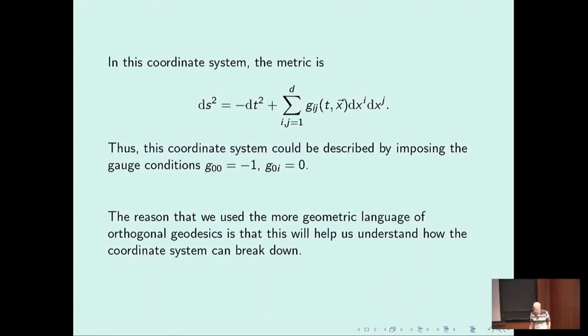But the more geometric language of orthogonal geodesics has the advantage of helping us understand how the coordinate system breaks down. If I'd used this language, I'd have just told you that locally we could satisfy that gauge condition, but it might break down if you go too far away from the surface S. And it's important for us to know how it breaks down, and the language of orthogonal geodesics will help us understand that.